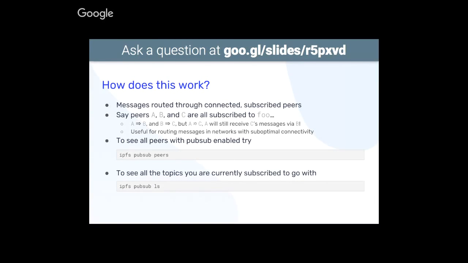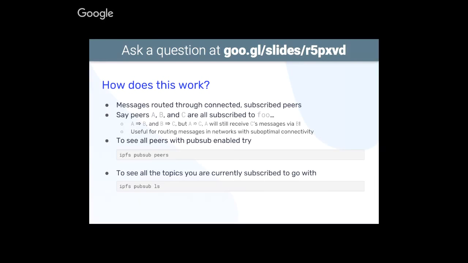What this means is that if peer A and B and C are all subscribed to a particular topic, say foo, and A is connected to B, and B is connected to C, but A is not directly connected to C, A will still receive messages that C publishes to foo through B. This is pretty useful for routing messages in networks where we have suboptimal connectivity, or peers are going in and out of connections.